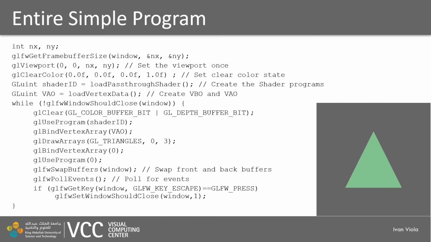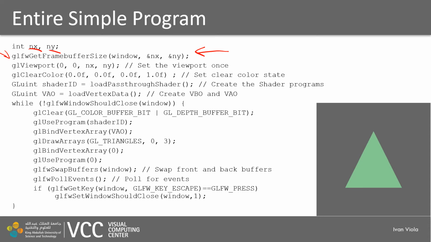So here we can see our first pass through vertex and fragment shader in action along with the host code. First we will be defining, with our helping functions, a window. For example, GLFW can be used for that purpose, and we have a window of resolution NX and NY.